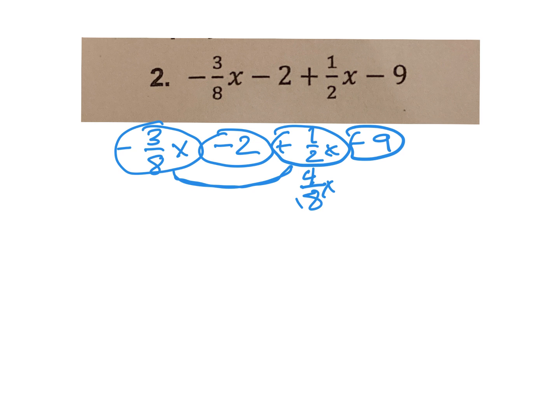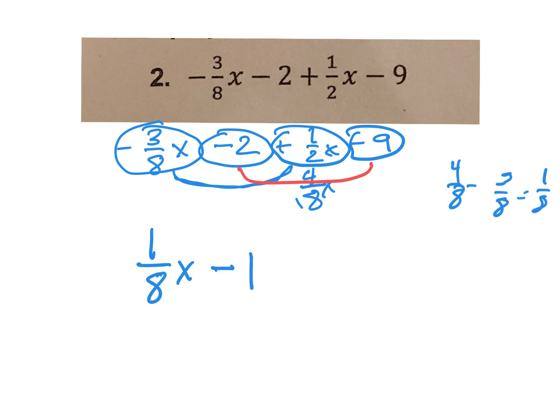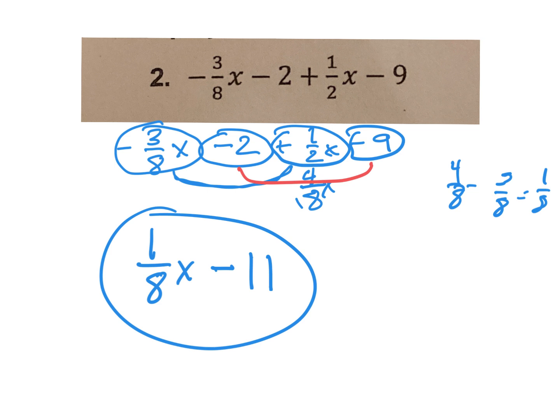And so 4/8 minus 3/8 equals 1/8. And it's a positive 1/8. So 1/8 x. And then I'm going to put my constants together. A negative 2 plus a negative 9 is a negative 11. And there's your answer.